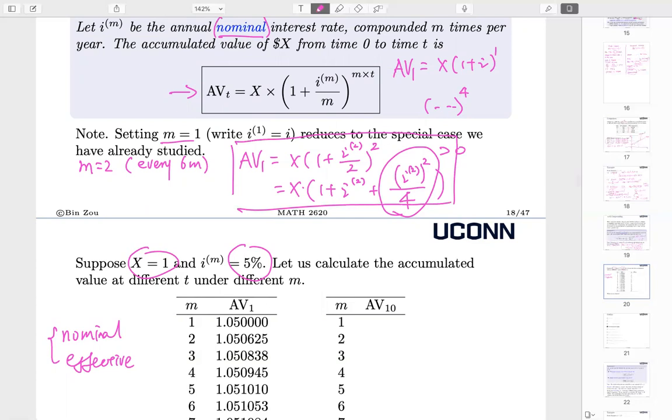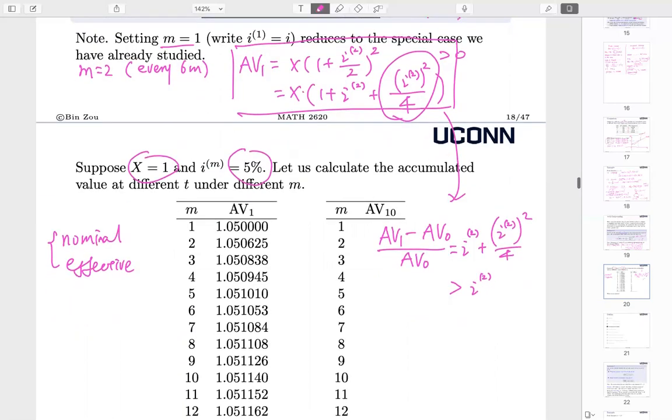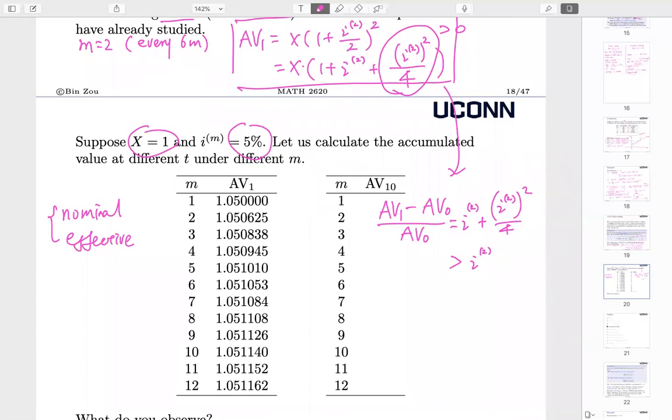To know the effective interest rate, I use this minus AV0, divided by AV0. This is how we calculate the effective interest rate. A simple calculation shows that it is actually bigger than this. So the effective interest rate is actually higher, which is not surprising if you look at those numbers.